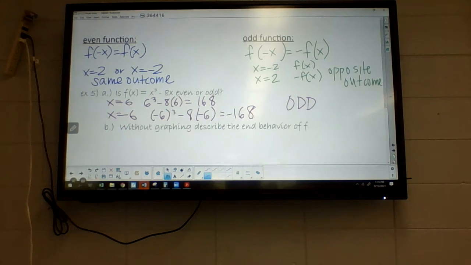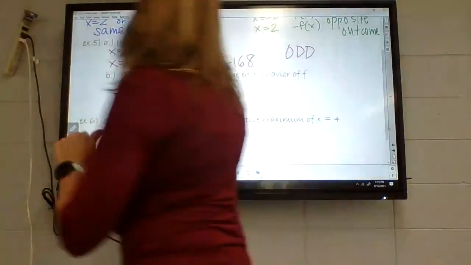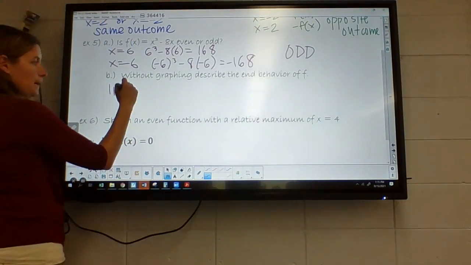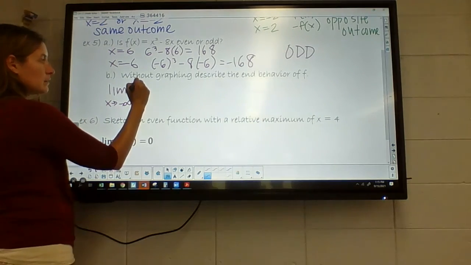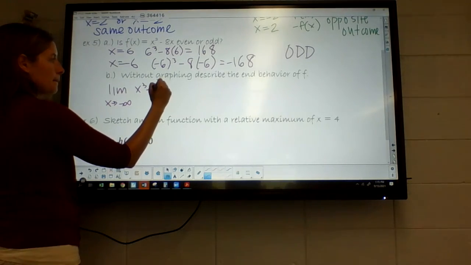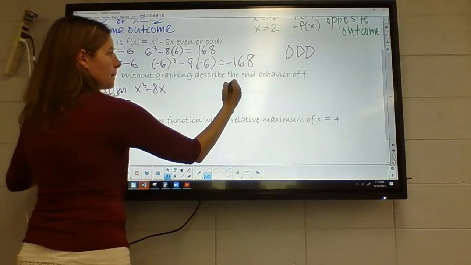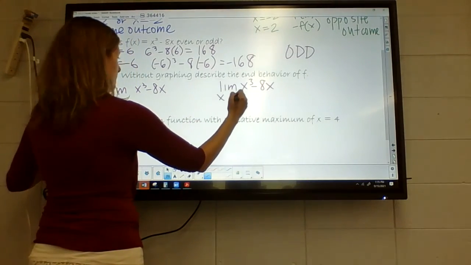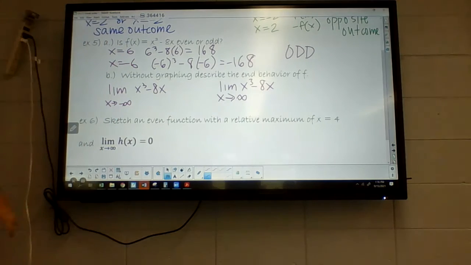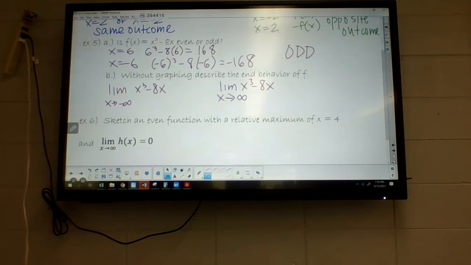Now it says without graphing, again using our rules, describe the end behavior of this f. So again, let's talk about the limits. And I always start from the left. We're just looking at the leading term, the highest exponent.